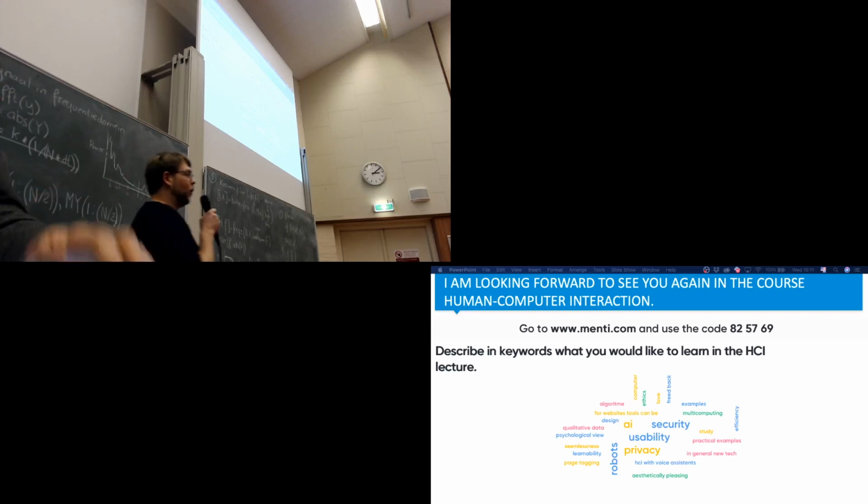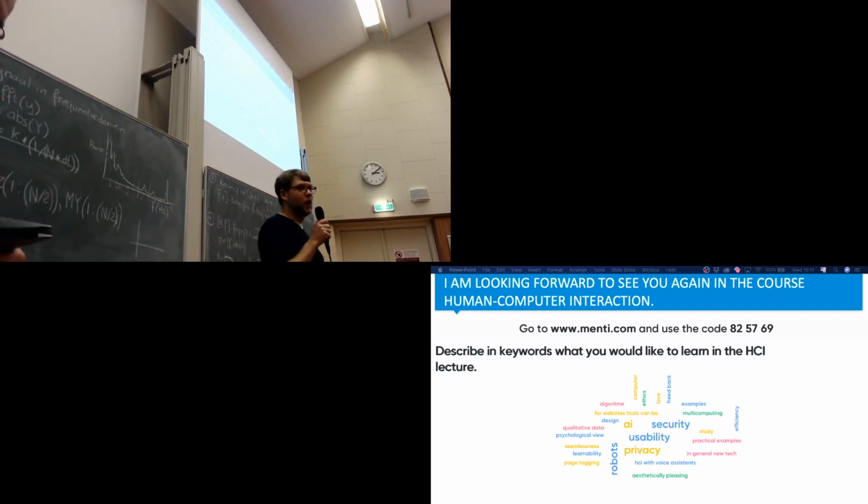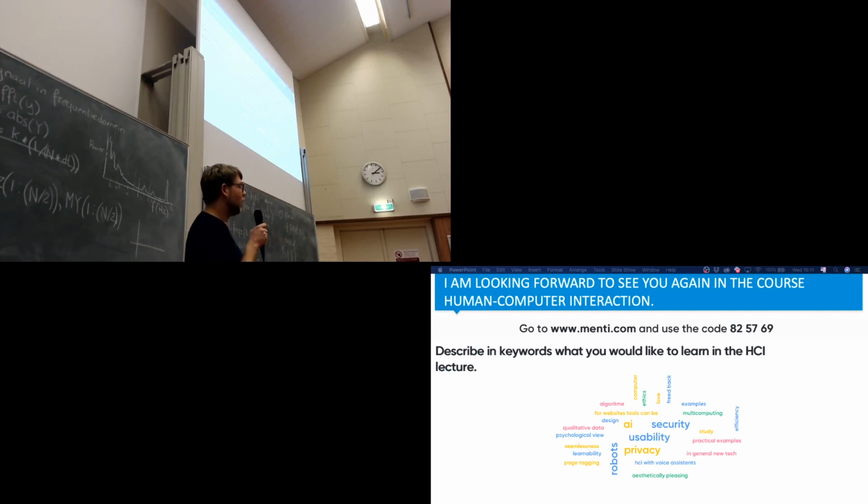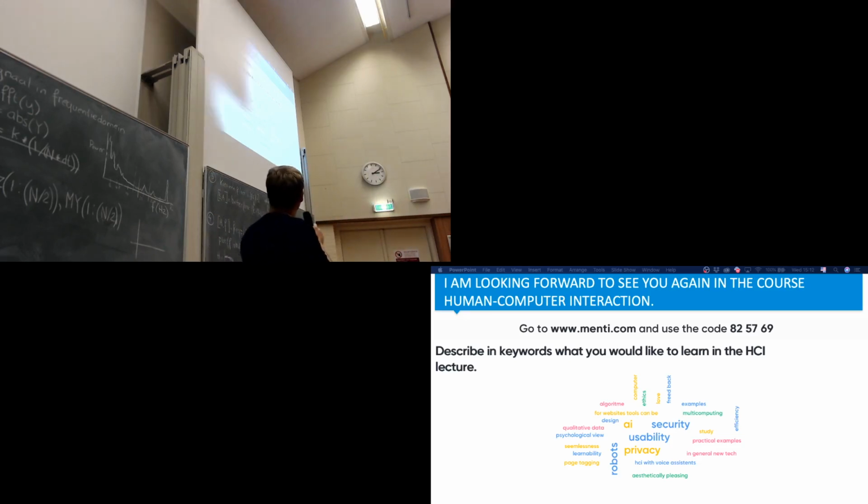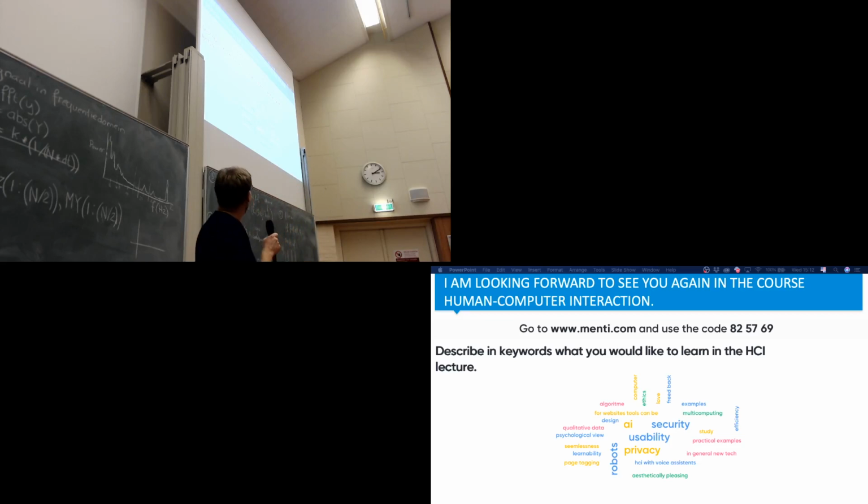Okay, so I don't want to keep you any longer here because then you would like to leave this dark lecture room, but just to give you your feedback back, we will discuss this together in the HCI lecture where we see us next. I think a lot of things we will cover, so we will definitely talk about usability, privacy and security, we will talk about studies, we will talk about computers, we will also talk about ethics.